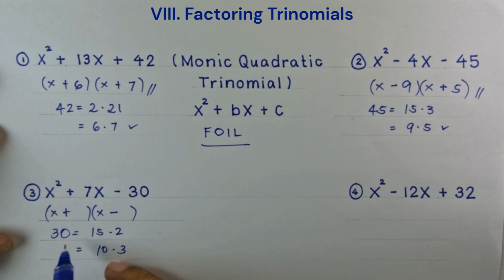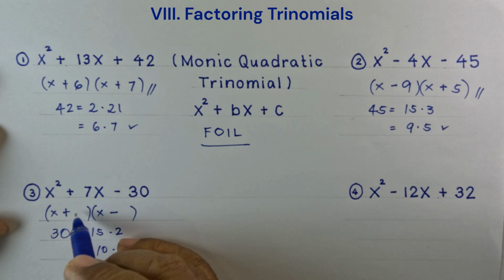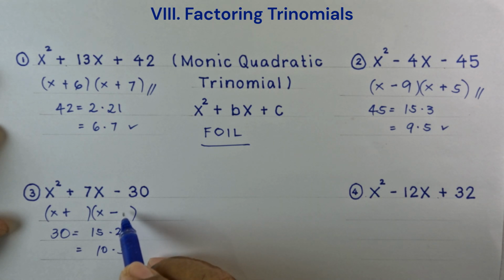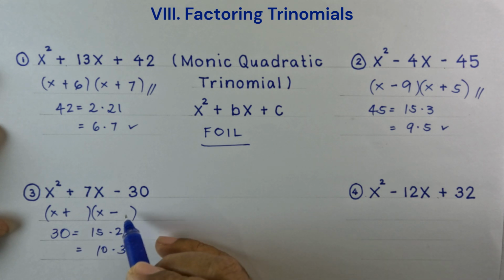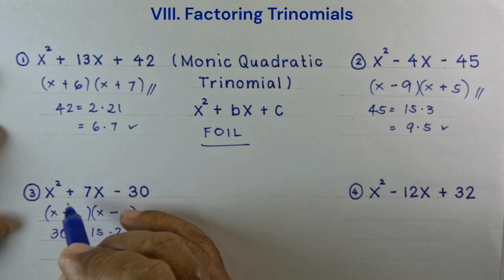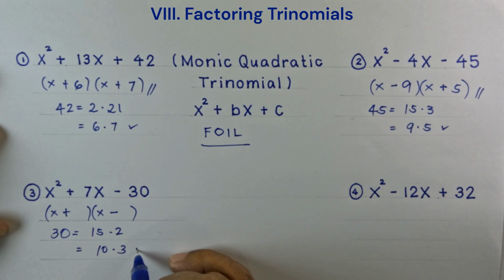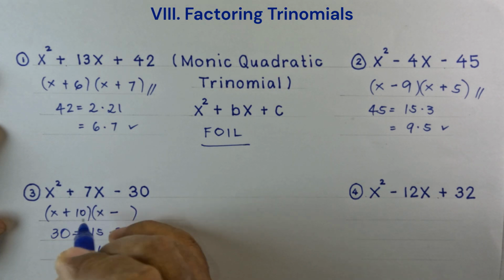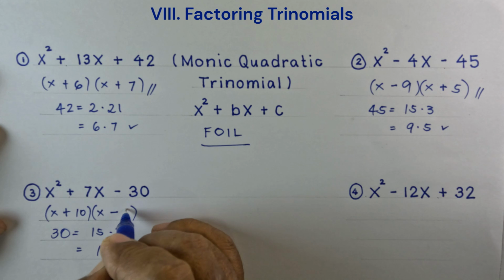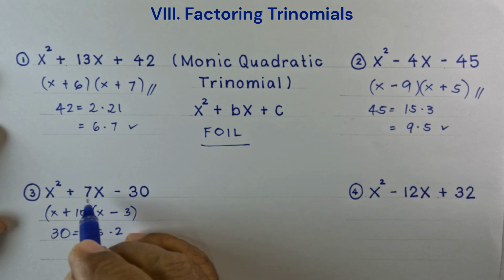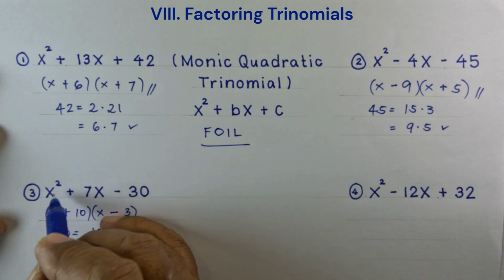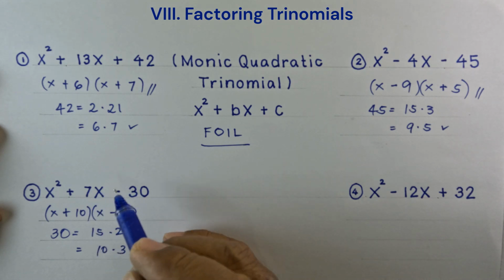So 10 times 3 is equal to 30. If I place 10 there and the 3 there, that would be 10 minus 3 is 7. Exactly that number. So therefore, this pair is correct. So I write here 10 and the 3 there. So 10 minus 3 is positive 7. So we're good with that.